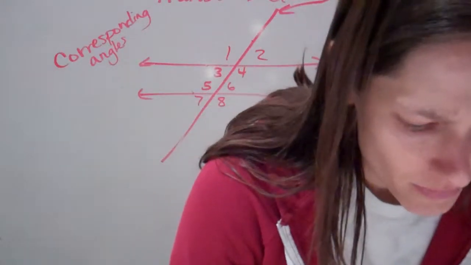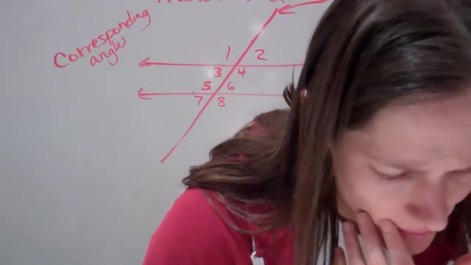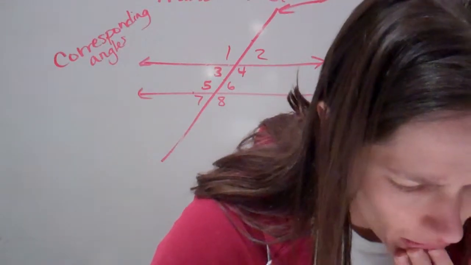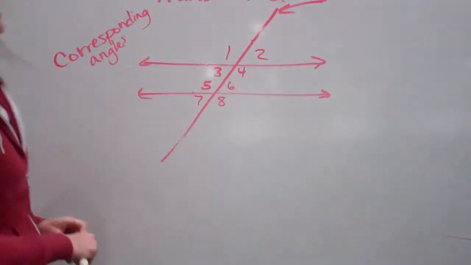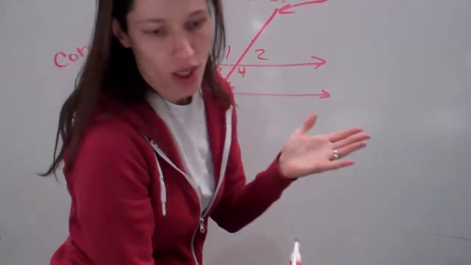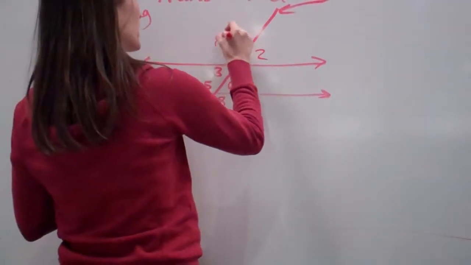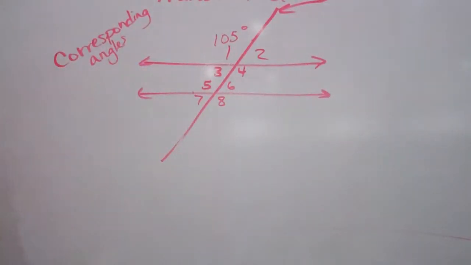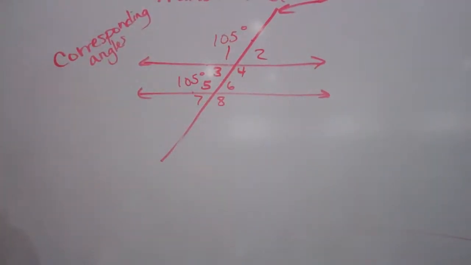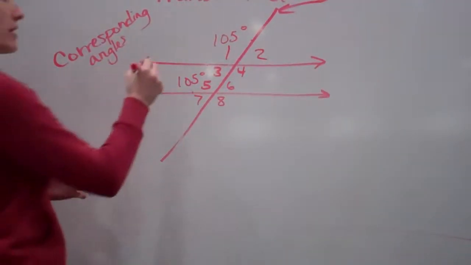Now, the next thing I want you to see is not just corresponding angles. If I told you angle 1 is 105 degrees, guess what angle 5 is? 105 degrees. Now, what do we know about straight lines?